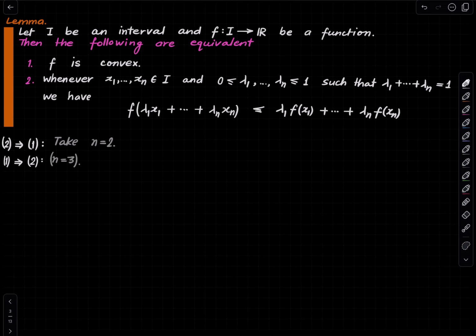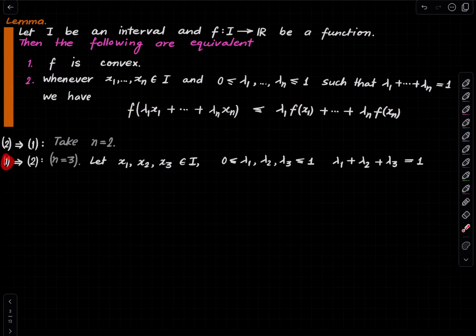So take 3 points in the interval and 3 real numbers lambda 1, lambda 2 and lambda 3 in the range 0 and 1 such that they sum up to 1, right? And we want to show, or we know what we want to show. We want to show this, assuming f is convex, of course.